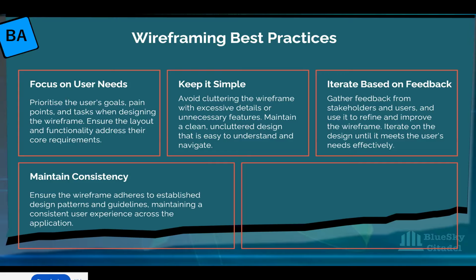Then you're going to have to maintain consistency. If a particular wireframe has been approved and you want to build on it, you don't start again from scratch and start moving things around again. You continue from where you stopped. So again, I'm going to talk about that when we actually open the tool. Please be consistent, and that's even more important when there are multiple BAs on a project.